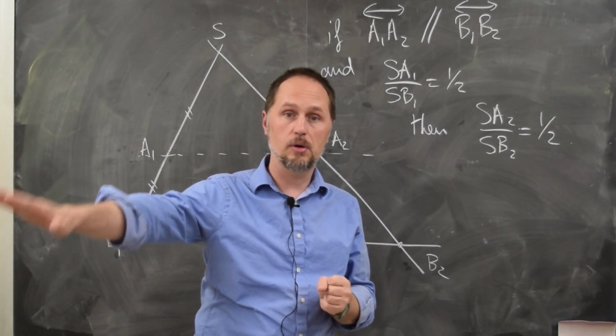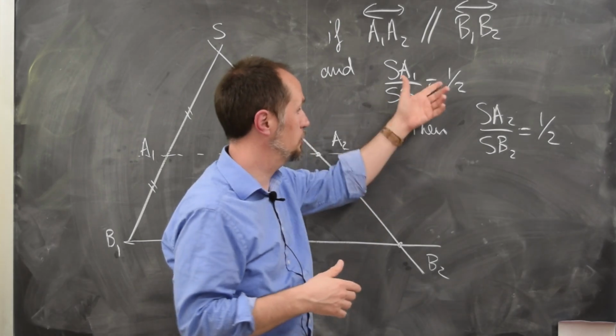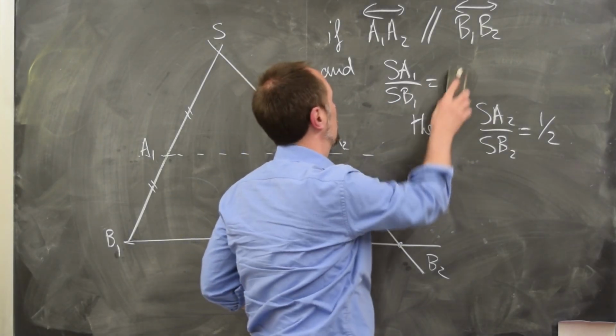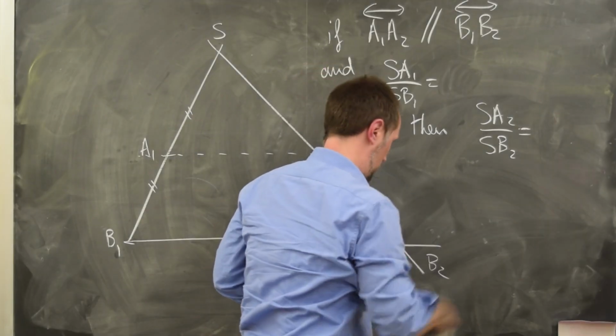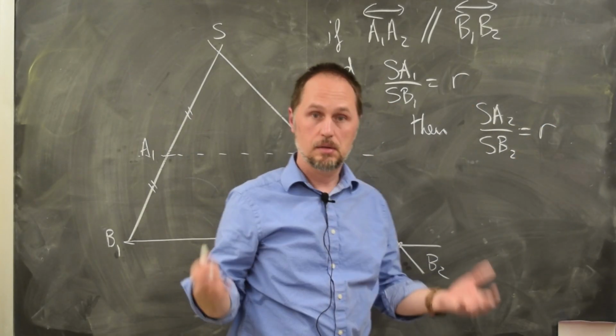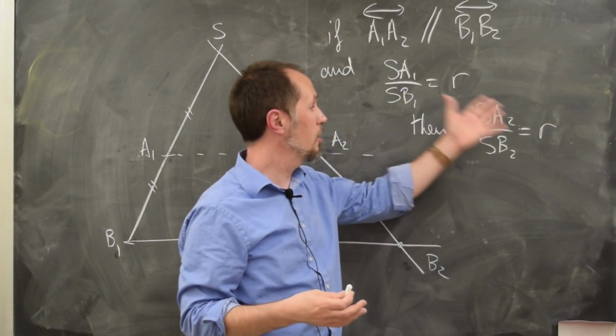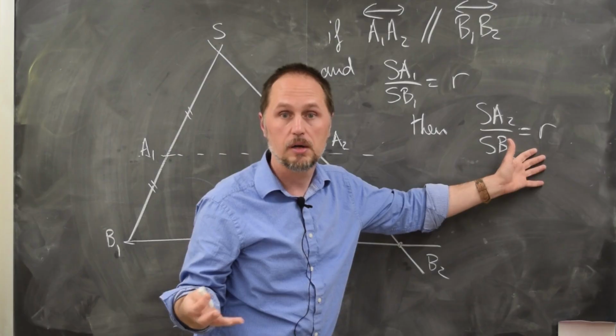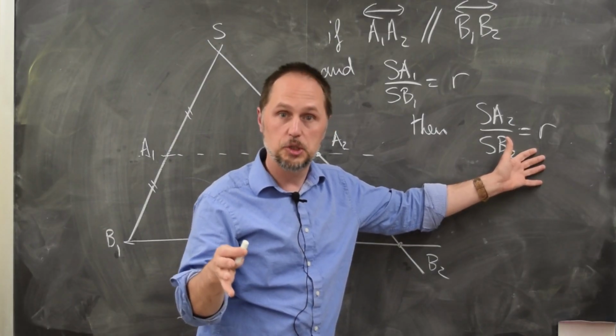From here, going on out, to get general ratios, right, we want to replace this with some ratio, I'm going to call it, let's say, r. So if I have this ratio r here, I want that to be true for any ratio r. We're not going to prove that in complete generality.